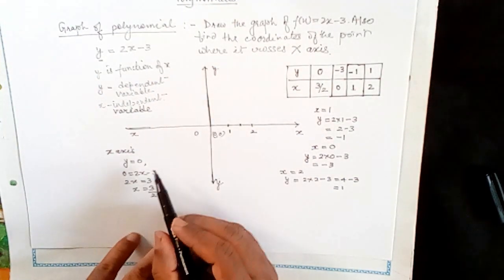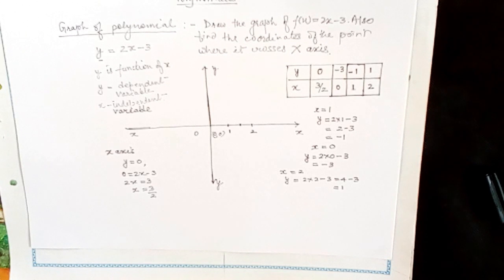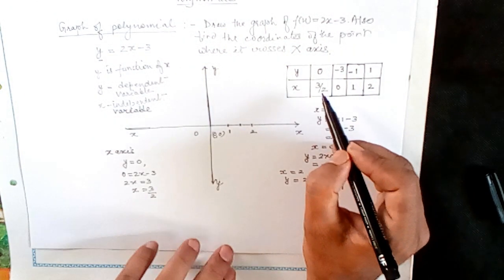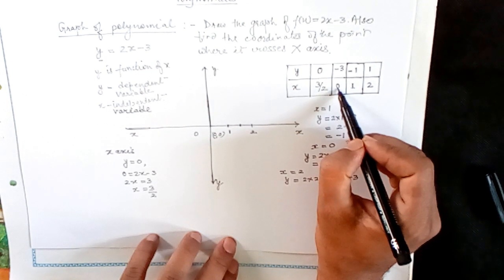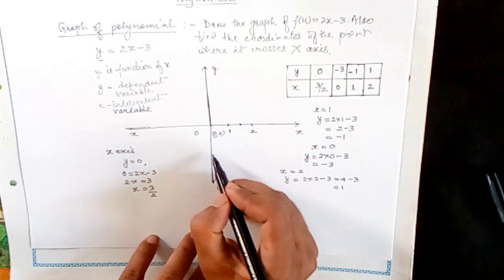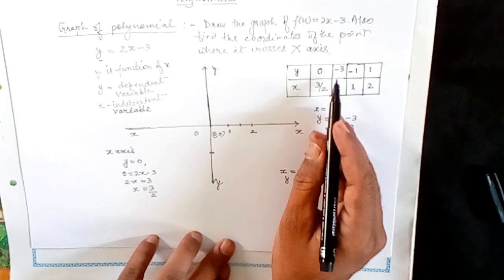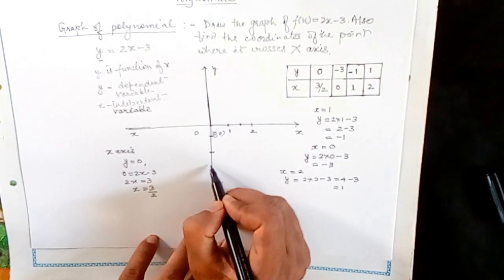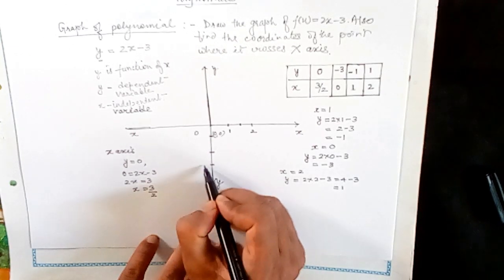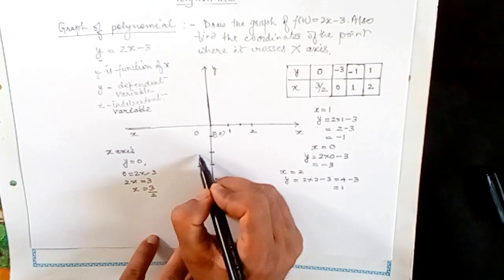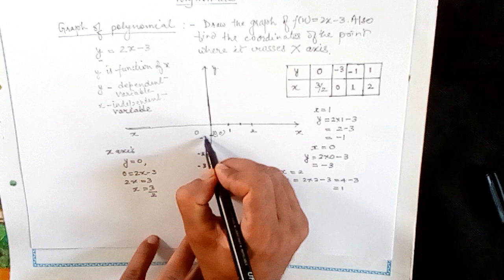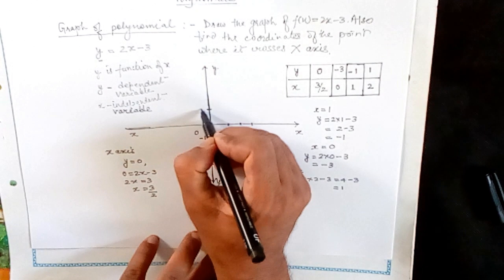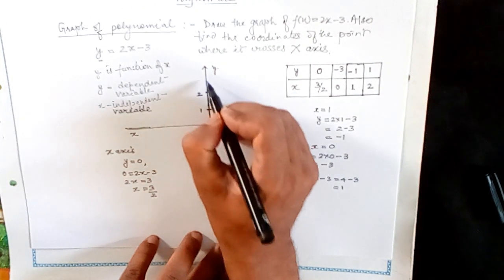So at x = 0, we are getting the value of y as −3. Say this is 2, this is 3, this is −1, this is 2, this is −, and in this order we go 1, 2, 3.